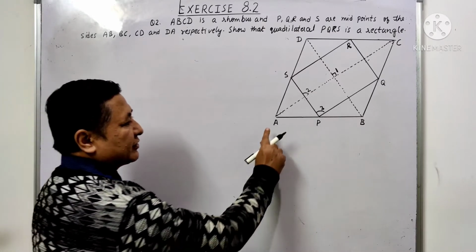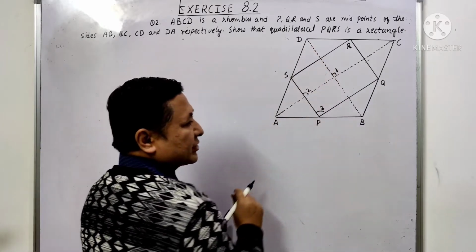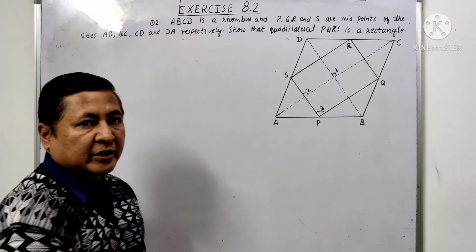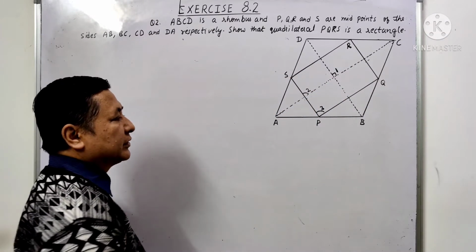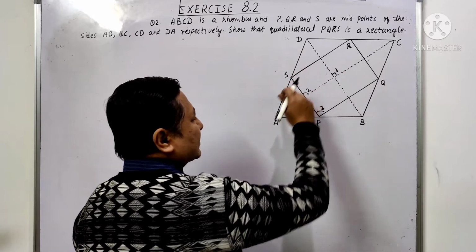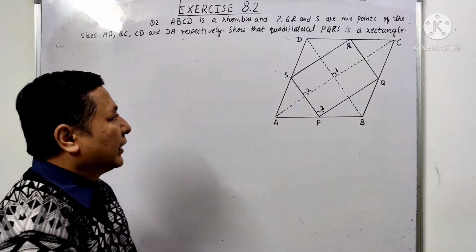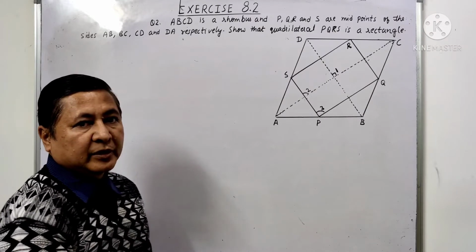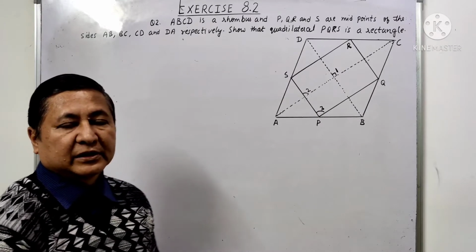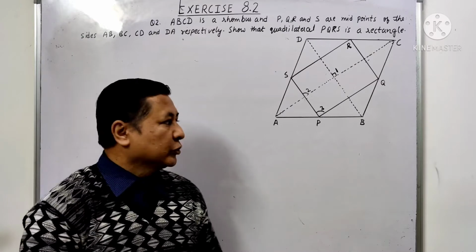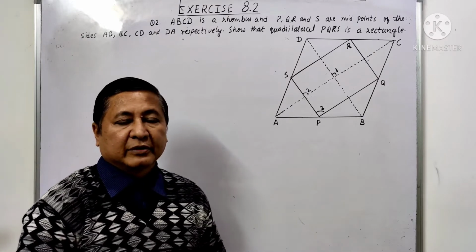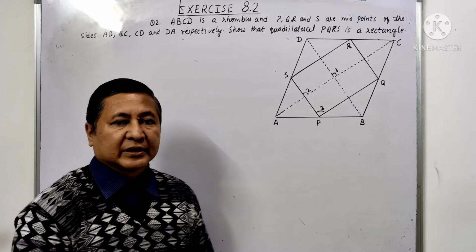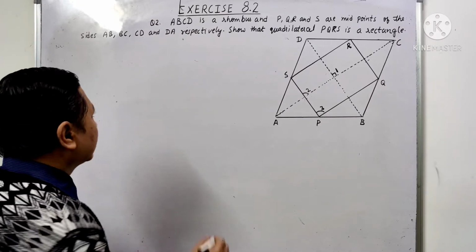Now in the question it is given that ABCD is a rhombus and P, Q, R and S are midpoints, and we have to show that PQRS is a rectangle, and we have joined the diagonals AC and BD. Now for proving a rectangle we need to prove PQRS a parallelogram, and we have to prove any one of its angles equals 90 degrees to make it a rectangle. So let us first prove parallelogram.